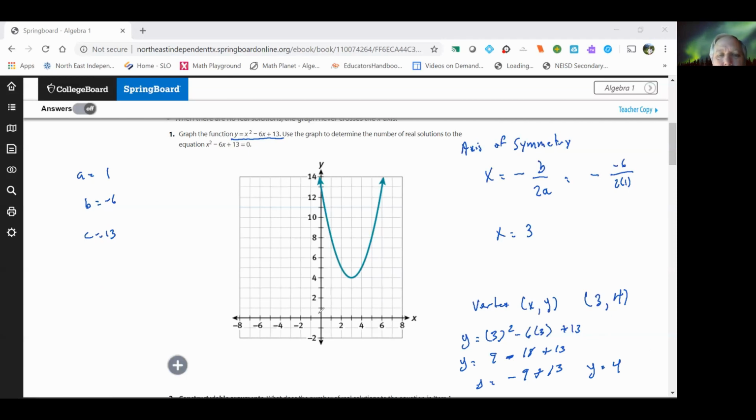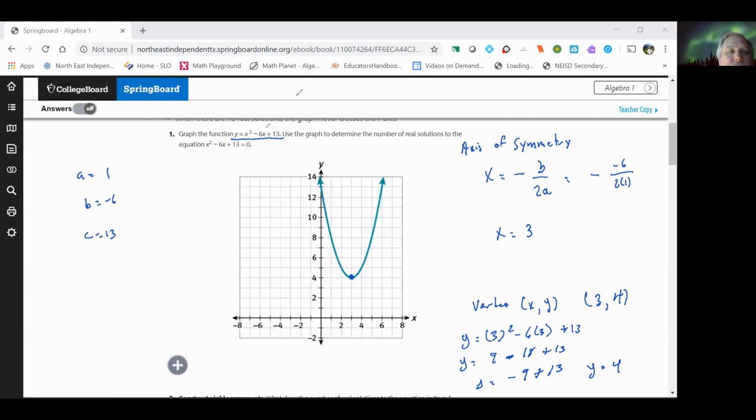So I look and I say, okay, I can go over 3, up 4, and it's going to be that point right there. Now that still doesn't complete the graph. I've got to figure out some more things. I've got to plug in a few numbers, or I could put this whole thing in vertex form. I'm just going to plug in a number. I'm going to plug in 0, because 0 is the easiest one.